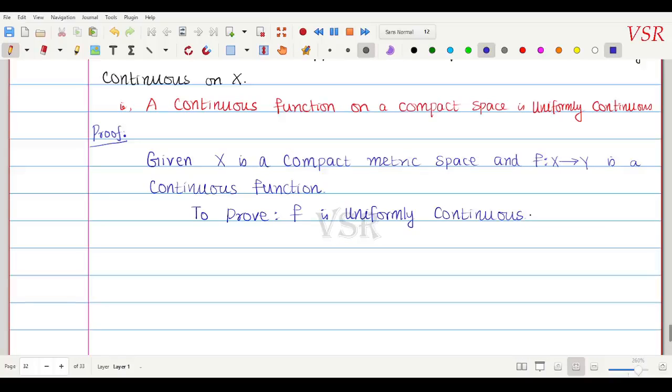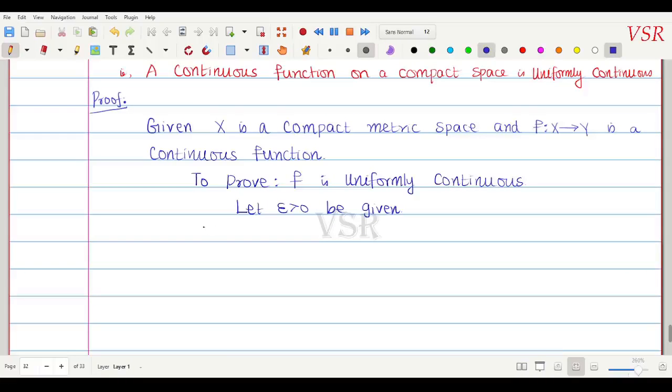Okay, so for uniform continuity, what must we do? Let epsilon positive be given. Now we need to find a delta positive, where this delta depends only on your epsilon, such that whenever the distance between p comma q is less than delta, this must imply that the distance between f of p and f of q is less than epsilon.